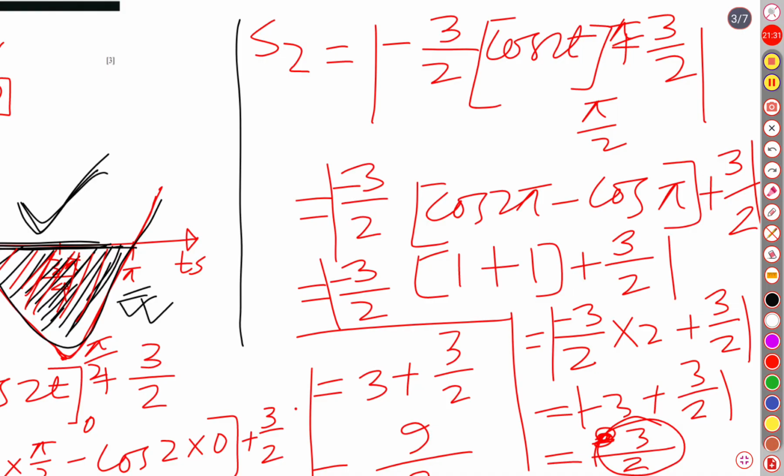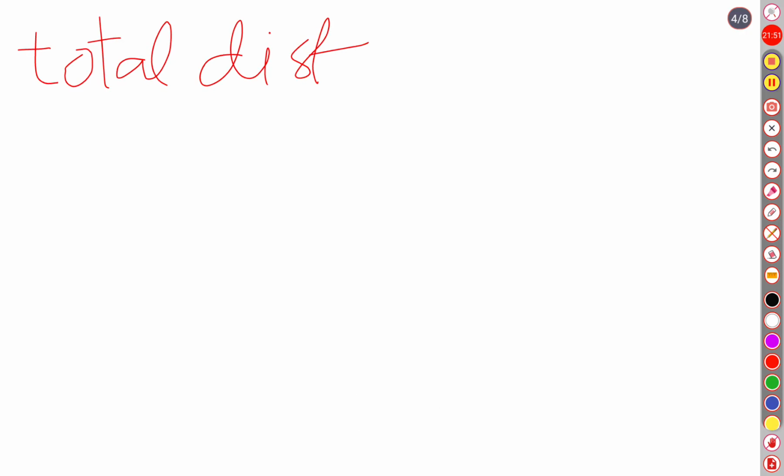Now we will find the total distance. Okay, for total distance we can write on a new page. Let me write the total distance. Total distance is equal to, first how much did we get?